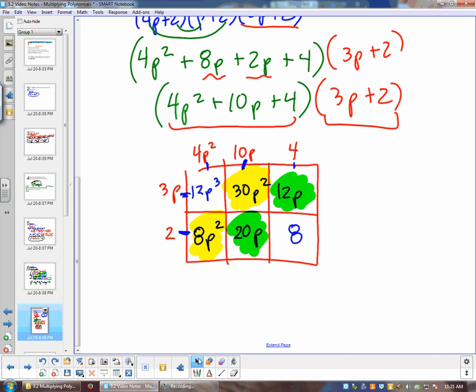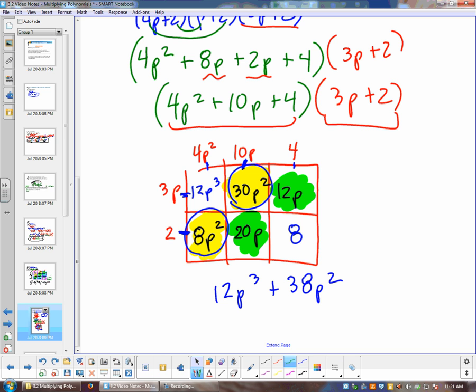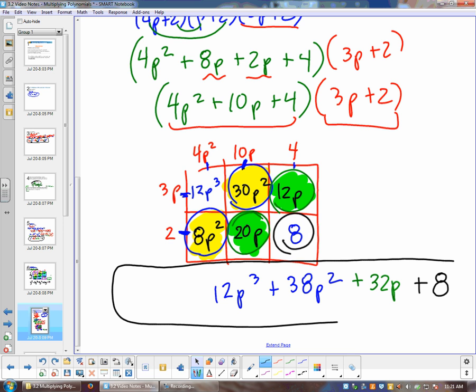So when we do this, we're going to have 12p cubed plus the 8p squared and the 30p squared, which is going to be 38p squared. And then the 20p and the 12p is going to be 32p. And then we are left with still just 8 as our constant. And so this would be our expression for the volume of the large Burley box in terms of p.